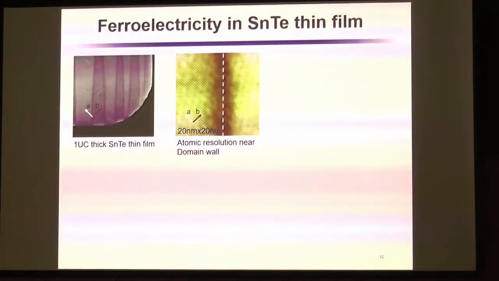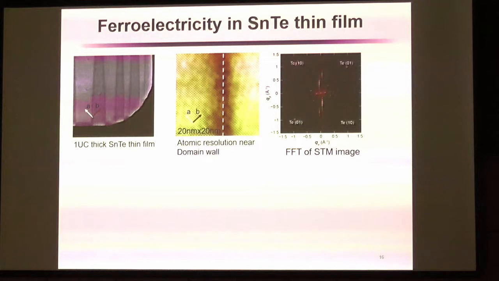Actually, we can use the STM technique to get very high resolution STM images. So you can see the tellurium atoms on the surface, and we can do the Fourier transform. From these spots we can get the lattice constant.